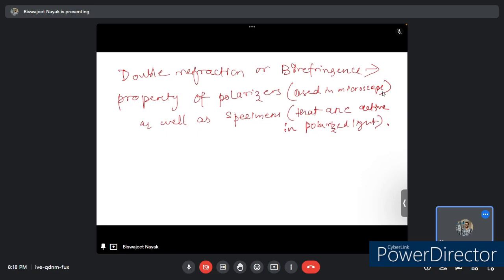All these phenomena will be used in fluorescence polarization microscopy.